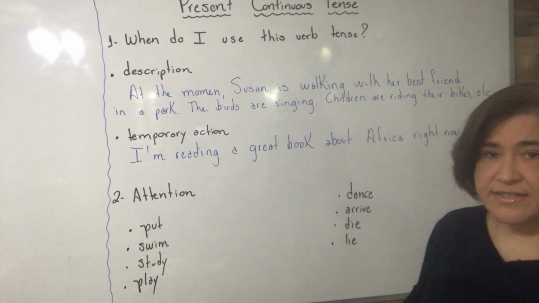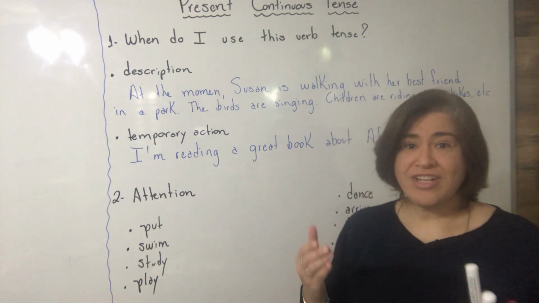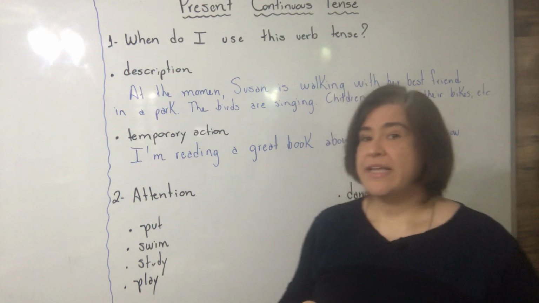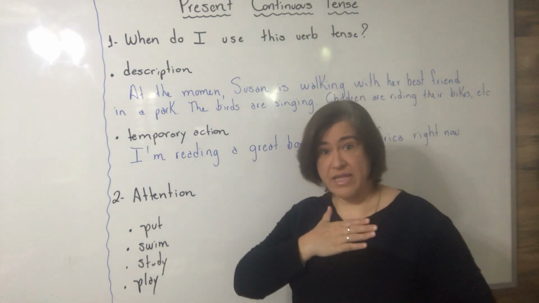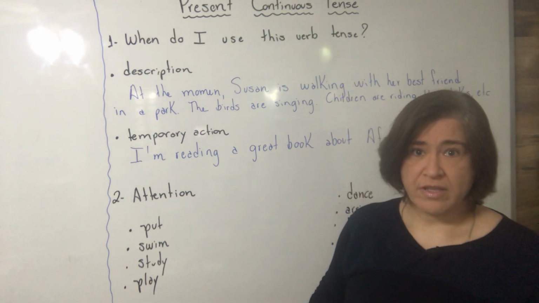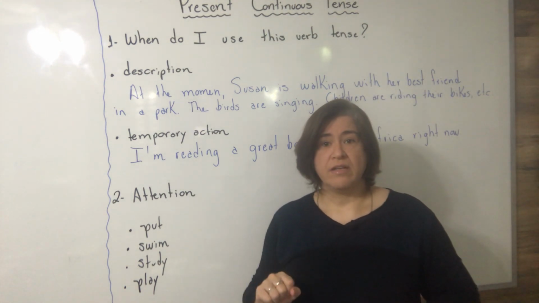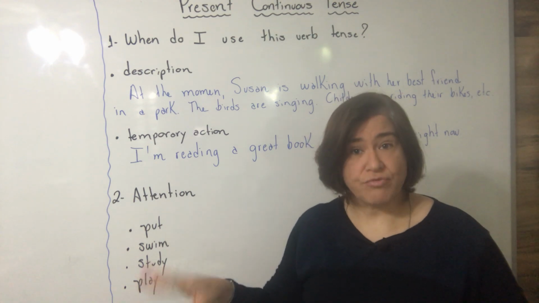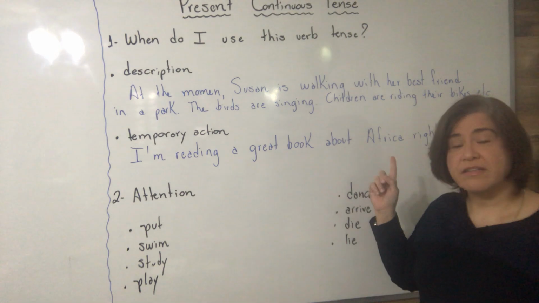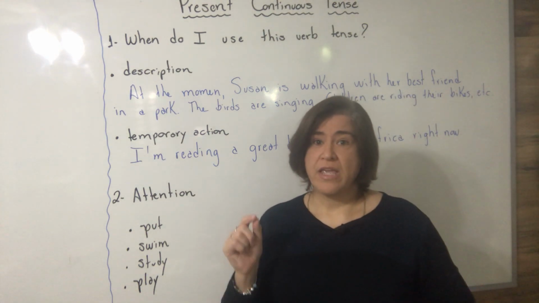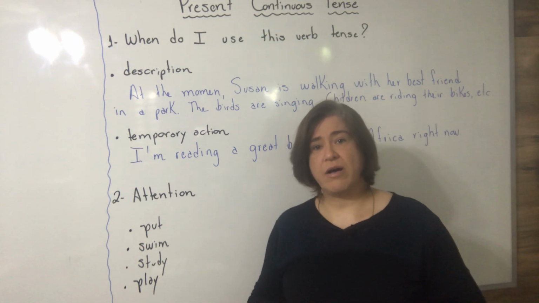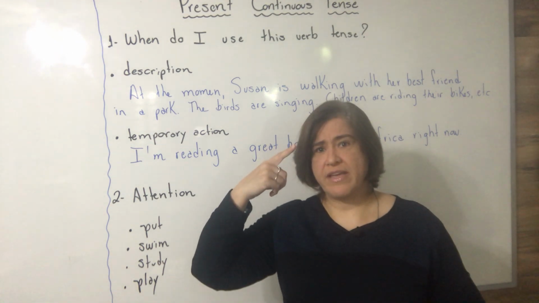In this sentence, the person is not necessarily reading the book in front of you. No. The person is telling me that there is a temporary action happening, and this person is reading temporarily a book about Africa, okay? Because if this person says, "I read a book about Africa," I imagine it's forever.